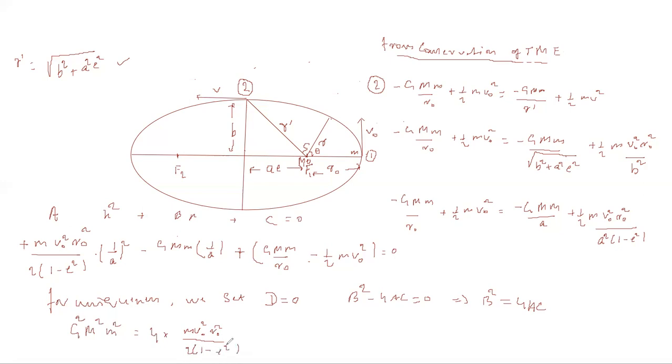So this is our a term, into the c term, which would be the quantity in the last bracket: GMm over R naught minus half m V naught square. So this is what we get on equating the discriminant of the quadratic in 1 by A to be equal to 0.